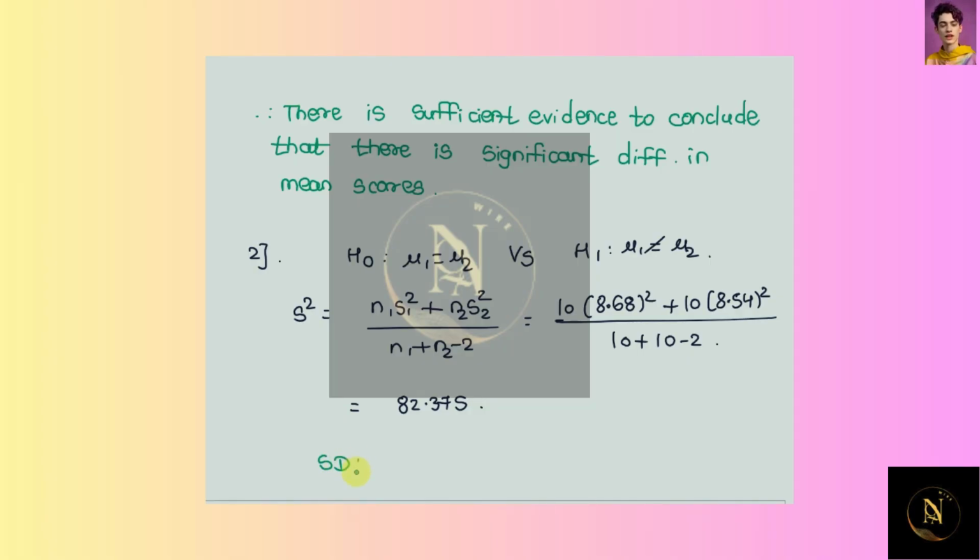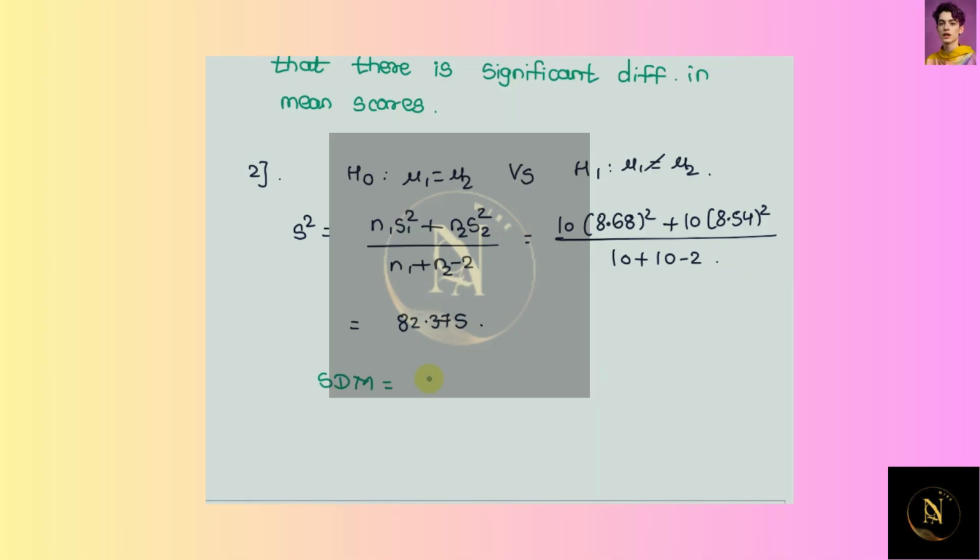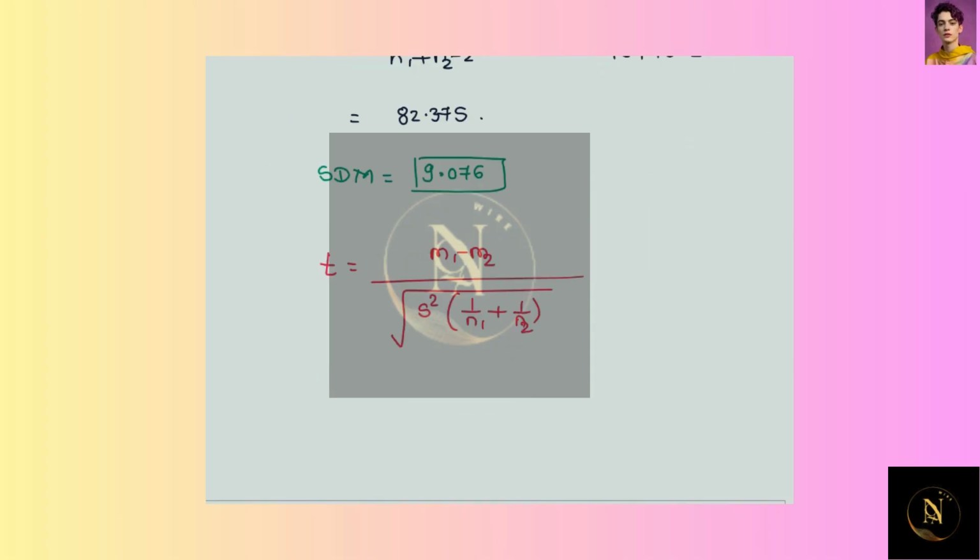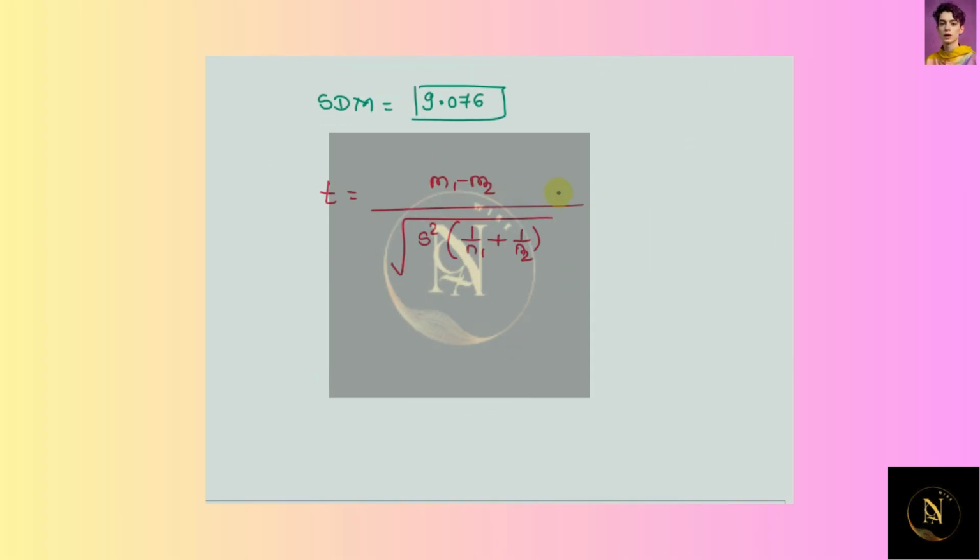We get the required standard deviation as the square root of 82.375, which is 9.076. Then the formula for the test statistic is m1 minus m2 divided by the square root of s square into (1 upon n1 plus 1 upon n2), which is 44.5 minus 28.10 divided by the square root of 82.374 into (1 upon 10 plus 1 upon 10).